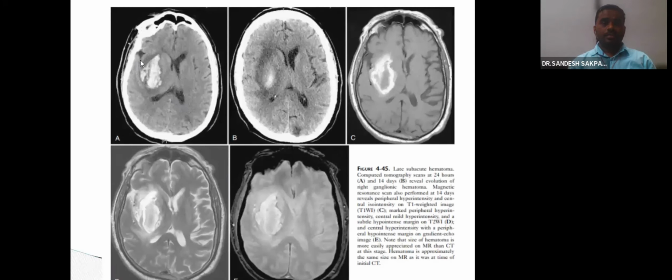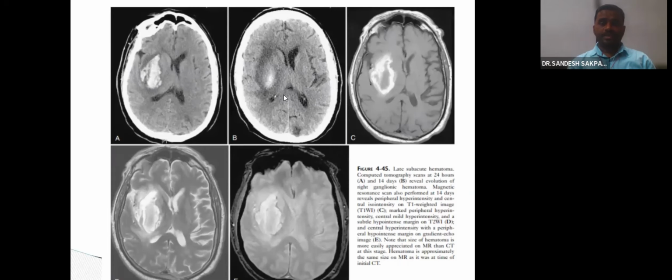This is again a bleed because it is irregular in shape, and it is in the distribution of the artery. So acute to subacute hematoma can be seen here in T1 weighted images and CT scan. In A, we can see the right gangliocapsular bleed again, the hematoma.